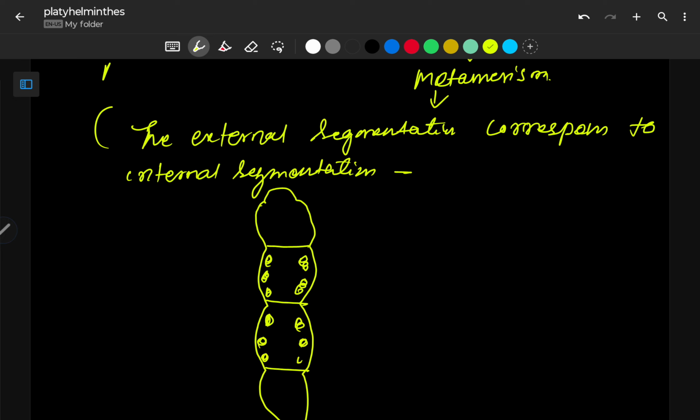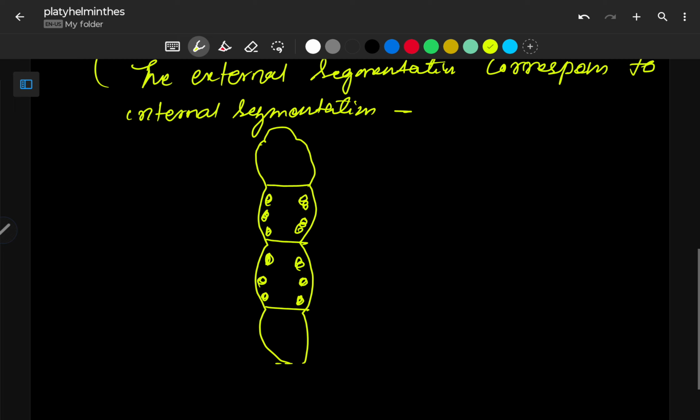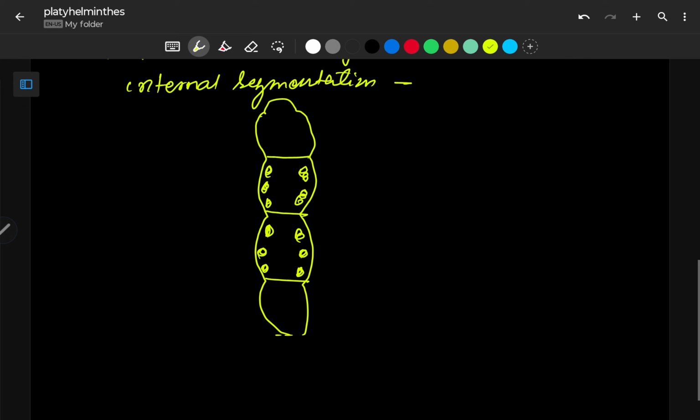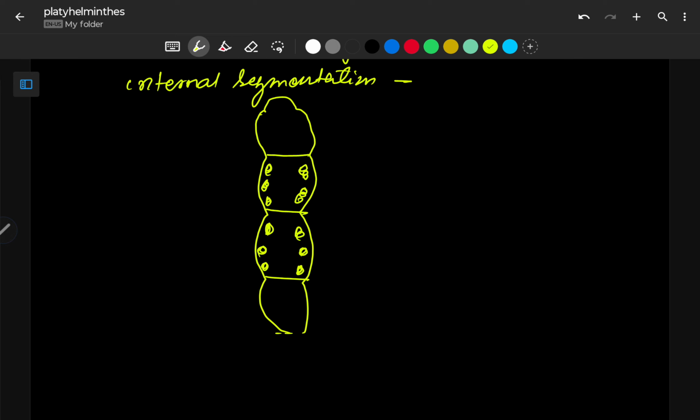So that means the segmentation of organs has also taken place here. So the external segmentation corresponds to the internal segmentation. That's why it is known as metamerism. Besides that, some organisms like Nereis have parapodia in every segment. That means it is repeatedly present.